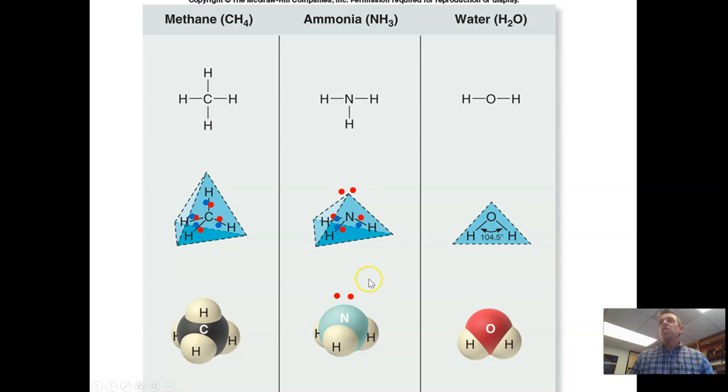Now remember, nitrogen already has 5 electrons in its outer shell. It only needs 3 more. So it already has 2 that are paired even before it starts bonding, and then it needs 3 more, so it binds to 3 hydrogens to collect those 3 extras by sharing. These are covalent bonds. So this pair of electrons up here acts just like this hydrogen did.